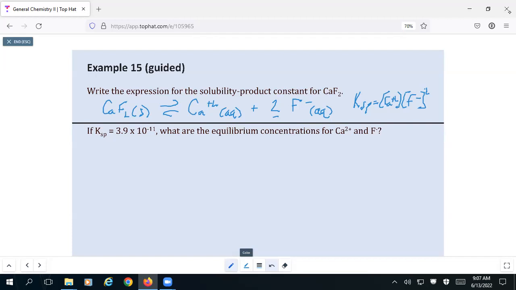When I'm making my ice table here, I'm actually going to move the ice table just to the product side. I start with nothing. I add 1x to the calcium and 2x to the fluoride because there are 2 of them. Which means that my equilibrium concentrations of calcium will be 1x, fluoride will be 2x.